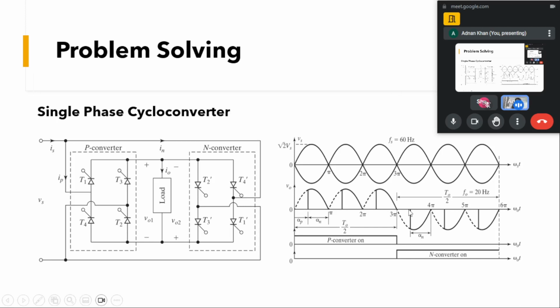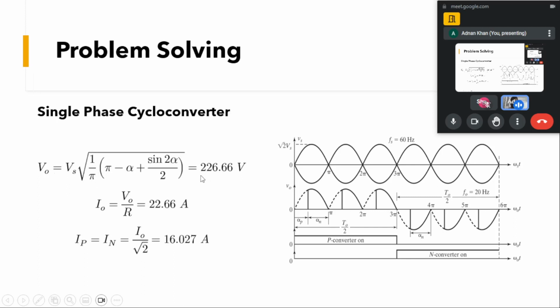If you calculate the RMS of this wave with this alpha, you will see the equation comes out to be V out RMS equal to Vs times the square root of 1 by pi times (pi minus alpha plus sine 2 alpha by 2).